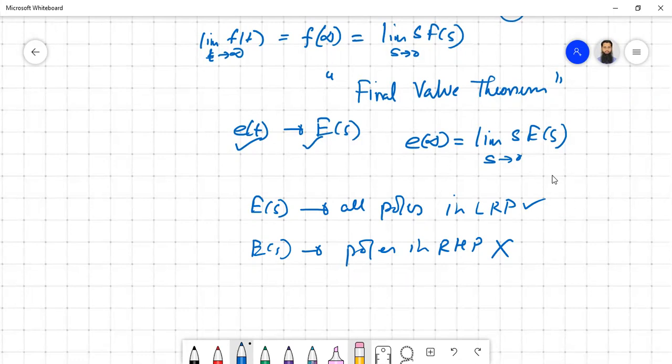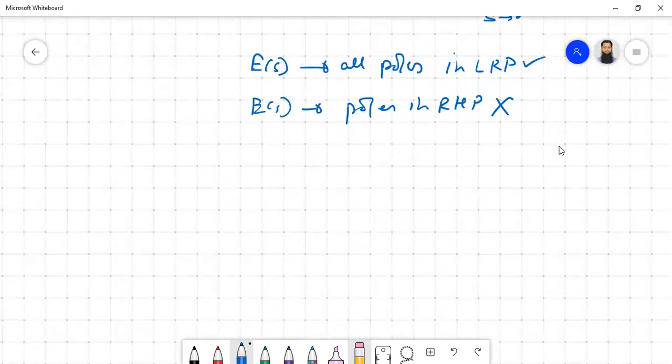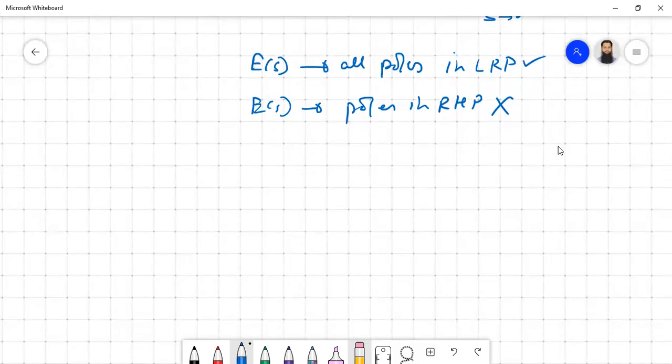So let us now discuss a few different scenarios. What is the final value we are going to obtain? Say that we have a stable system, with left half plane poles. Basically the system is going to die out, so in that case your final value will be 0.